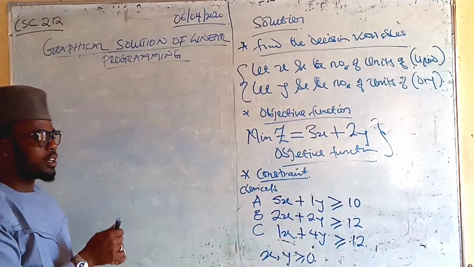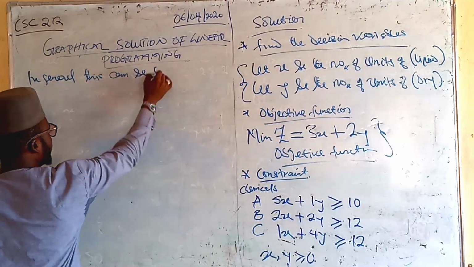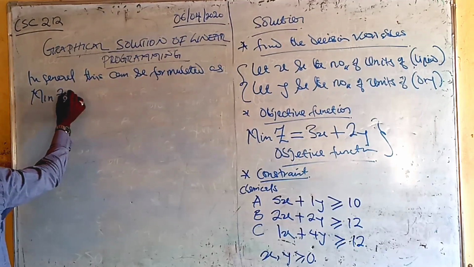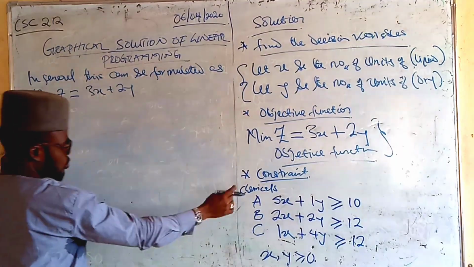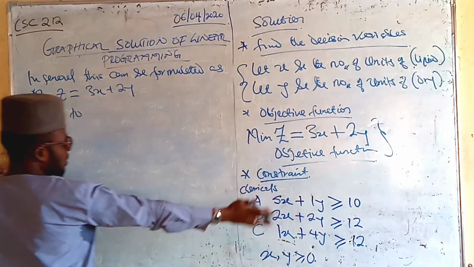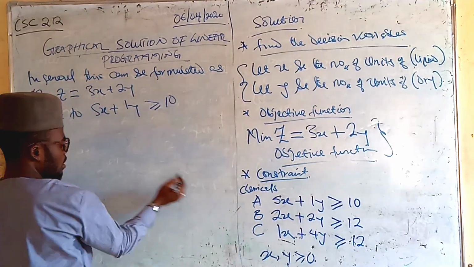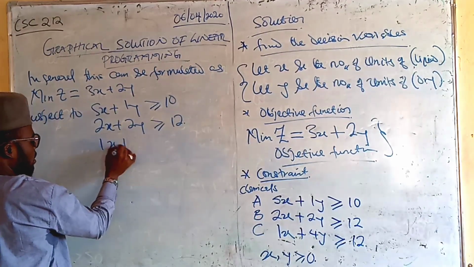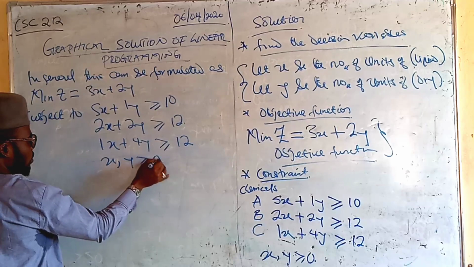We have formulated our problem. Then in general, this can be formulated as min z, that is our objective function, is equals to 3x plus 2y, which is subject to our constraints. We state our constraints: 5x plus 1y is greater than or equals to 10, and then 2x plus 2y is greater than or equals to 12, and then 1x plus 4y is greater than or equals to 12, with our non-negativity, x and y must be greater than or equals to 0.